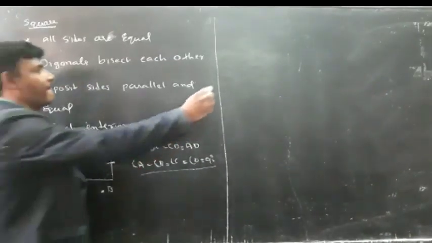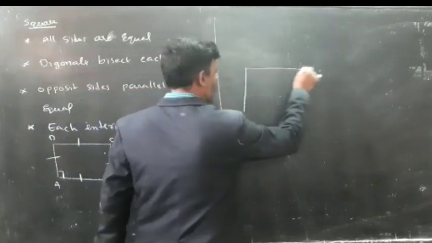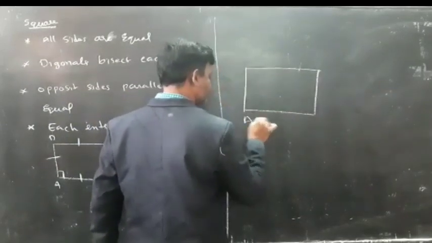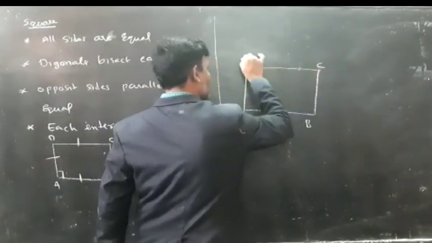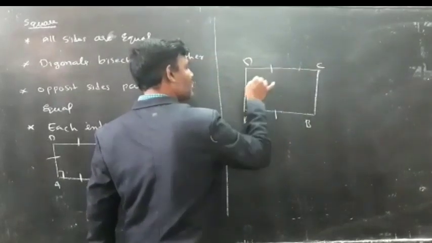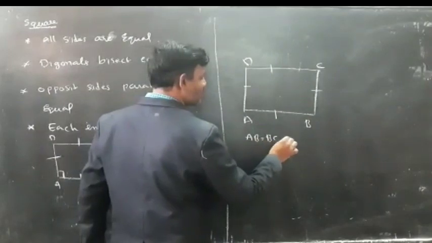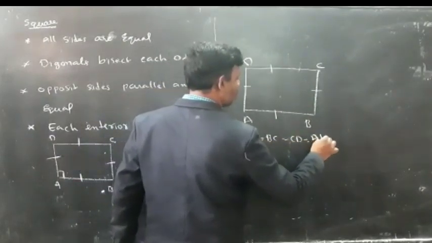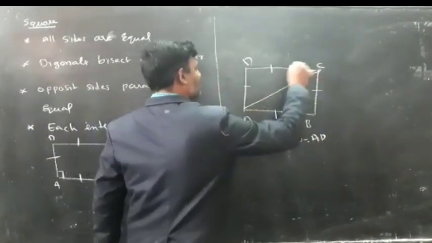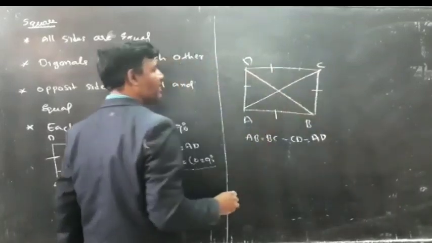Square. In a square, the lengths of all sides are equal. It means AB is equal to BC is equal to CD is equal to AD. Next, diagonals are equal and bisect each other.